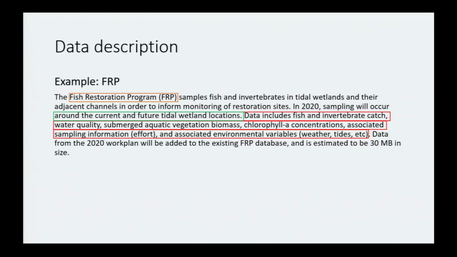In 2020, sampling will occur around current and future tidal wetland locations. The when, 2020. And then the why, so sampling fish and invertebrates in order to inform monitoring of restoration sites. And then the how much, about 30 megabytes in size for the full data set. So, pretty straightforward.